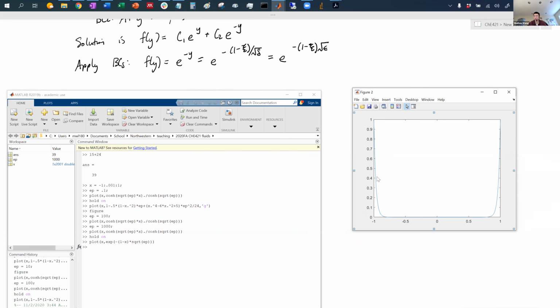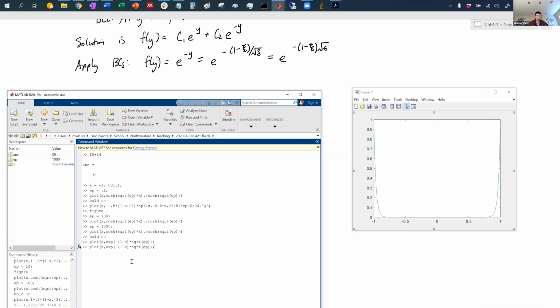My original solution was this. This is what I showed at the beginning of class, right? My new solution is right here. And I'll make it a little bit larger too, so that we can see it a little better. My new solution is this. This is what happens at the boundary layer. If I plot that, that's what I get. And so our solution is totally right.